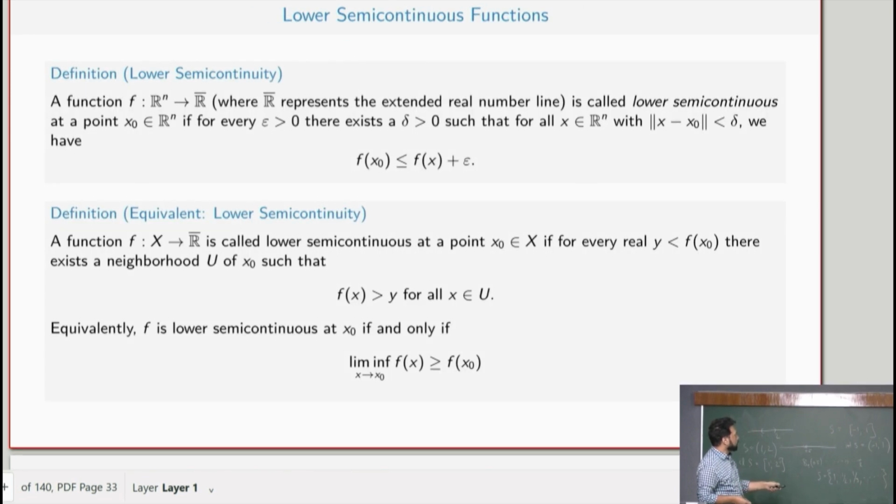For every real y less than f(x naught), there exists a neighborhood U of x naught such that f(x) is greater than y for all x in the neighborhood. So can we create such a neighborhood? Whenever y is less than f(x naught), can we create a neighborhood around x naught such that f(x) is greater than y?